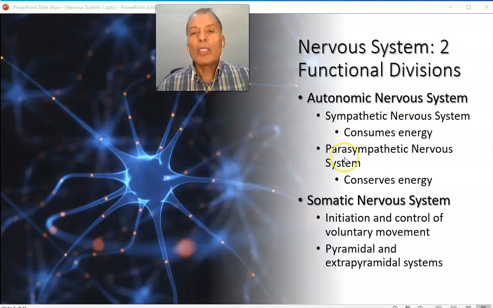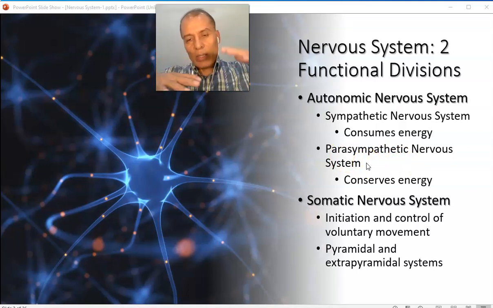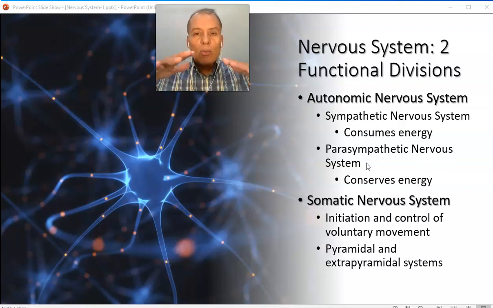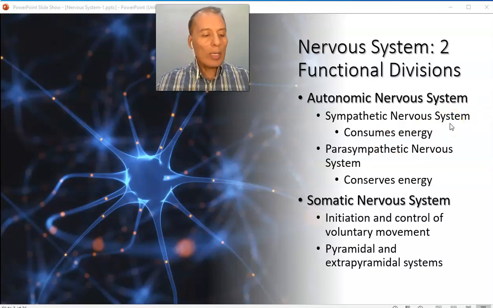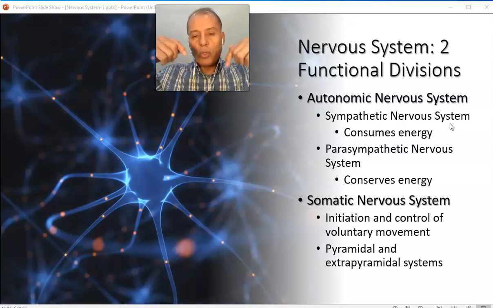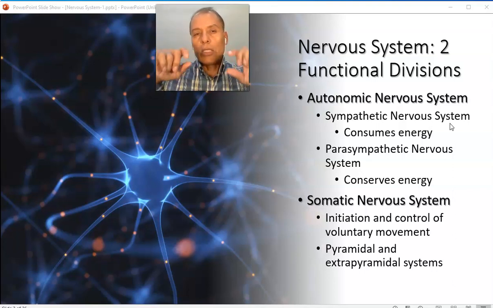And the parasympathetic system is the system that calms down. It balances the activity of the sympathetic system by calming down the body. For example, under conditions when the person feels threatened, the sympathetic nervous system is going to send signals eventually to the adrenal cortices to release adrenaline, for example.